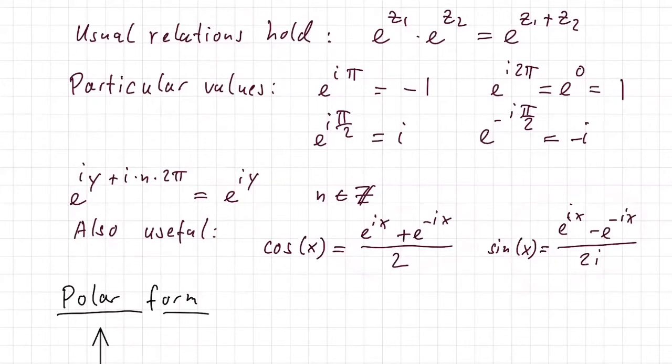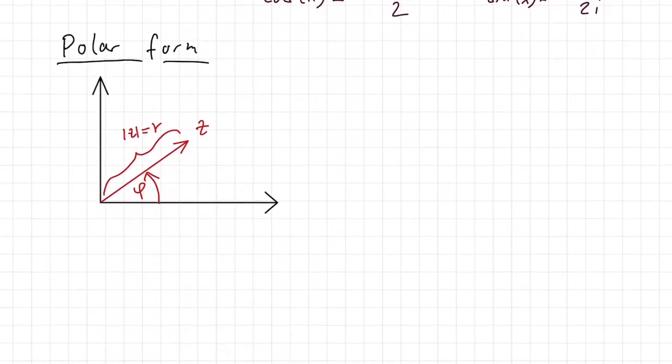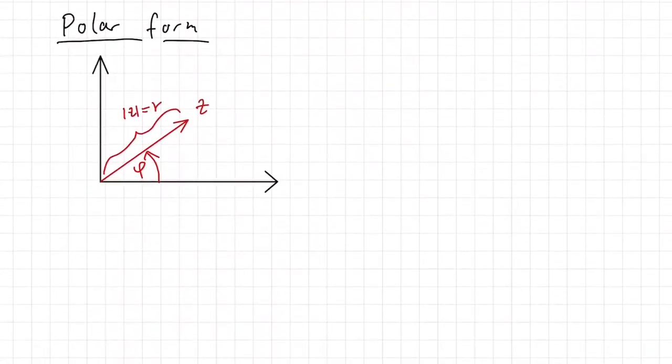And for that, we want to introduce the polar form, which comes from the fact that, when we look at our complex number z in the complex plane, we normally describe it with x and y. But we can describe that vector also by the angle phi here and by its length. That also gives us the same vector.